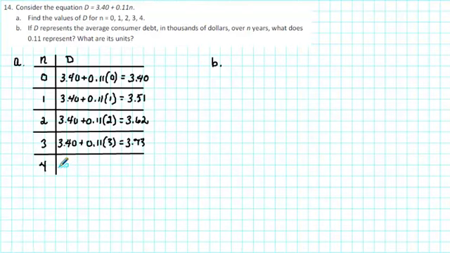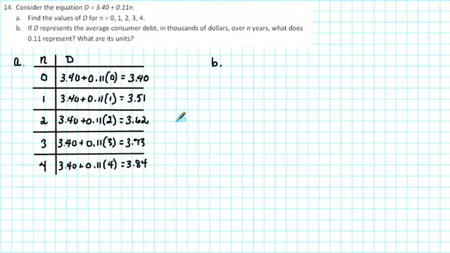And then finally, when we substitute 4 for n, we get 3.40 plus 0.11 multiplied by 4, which is equal to 3.40 plus 0.44, which is equal to 3.84.